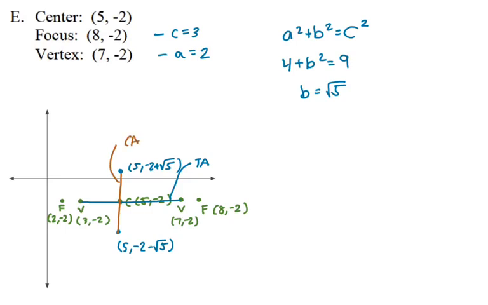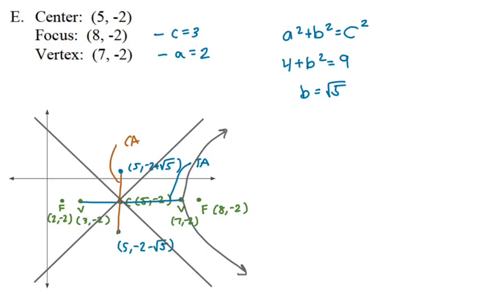That is the conjugate axis, and we're just going to sketch the curve now. So drop some asymptotes. We know they go through the center. And sketch the curve. The curve goes through the vertices, follows the asymptotes. Looks like that. Okay, this is left and right facing, which means that the x term here is the positive value.